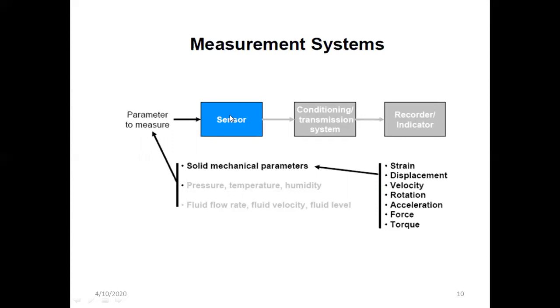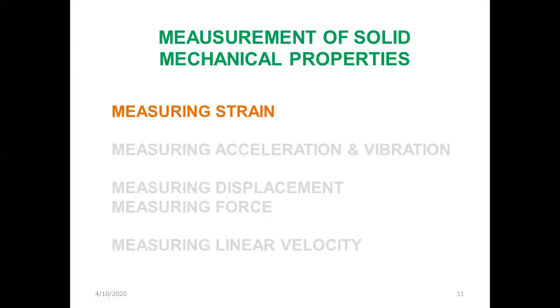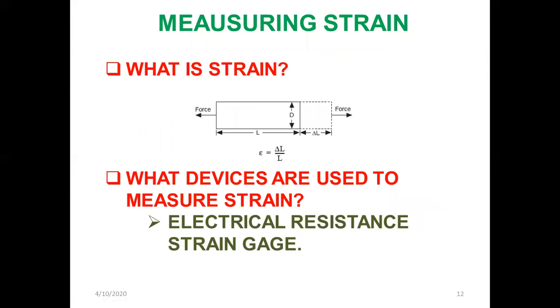It may be a strain gauge. Then a conditioning or transmission system and a recorder, which together form a data acquisition system where we can get these readings in volts or amperes. Here we are concentrating on measuring the strain. Now, what is strain?